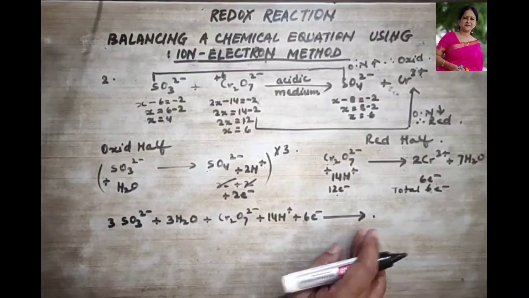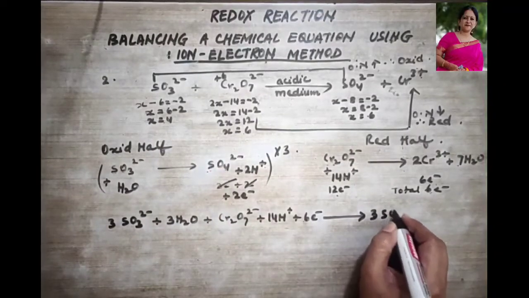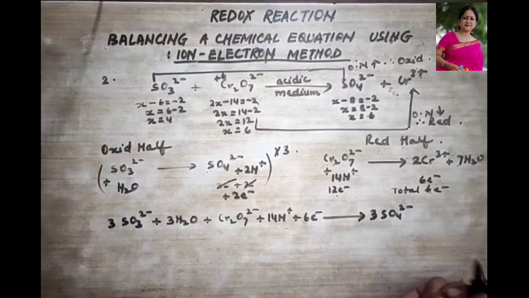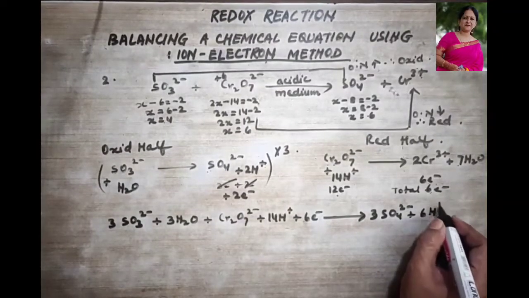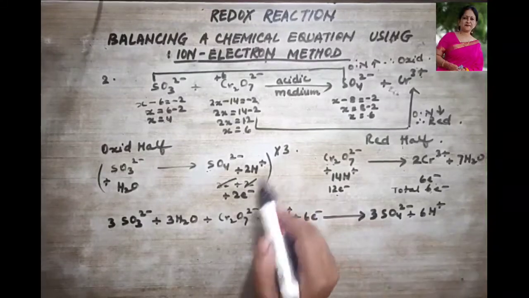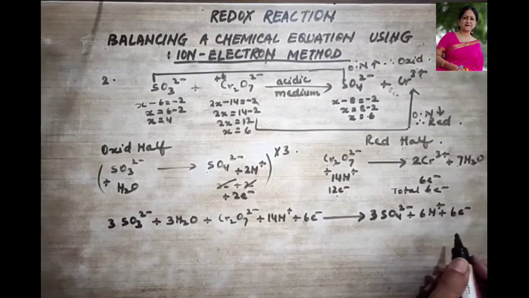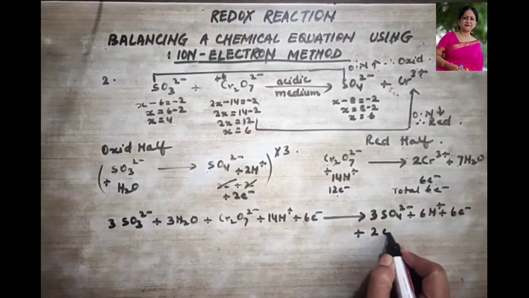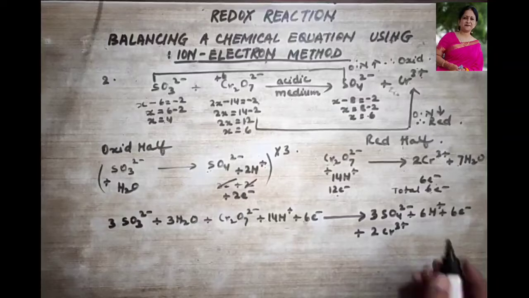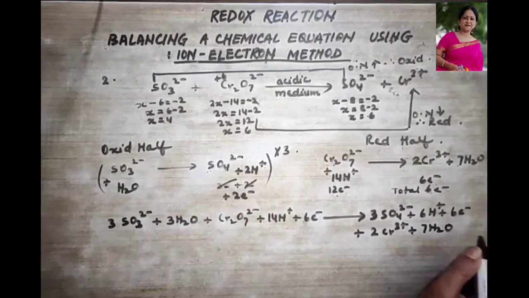Now let's do the products. So this becomes 3SO4 2 minus, this is 3 2s are 6 H plus, okay, 3 2s are 6 charges plus what else do we have? 2 chromium ion plus 7 H2O.